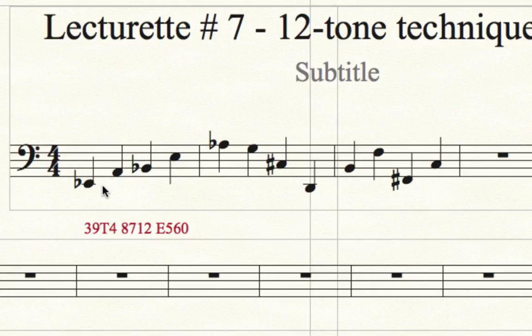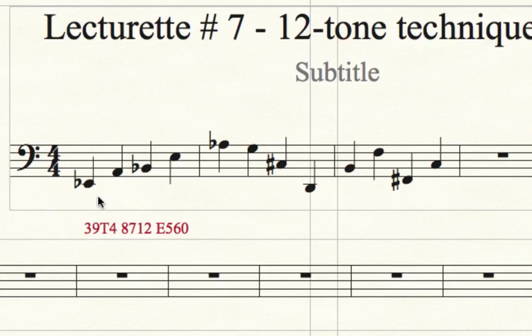In the case of this one, we could think about its intervallic content. So we've got a tritone, and then a minor second. I hate to use these tonal intervals, or we could call it a 1, and then another tritone. And then we've got a major third, minor second, tritone.